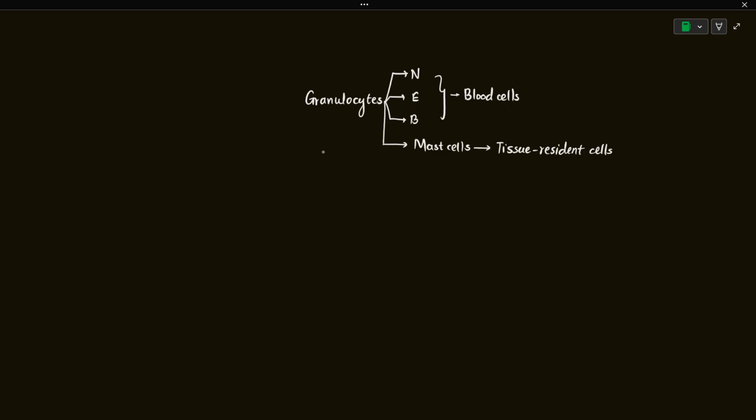So the mast cells can be stained by the purple dyes, such as toluidine blue, and that gives them a purple color.